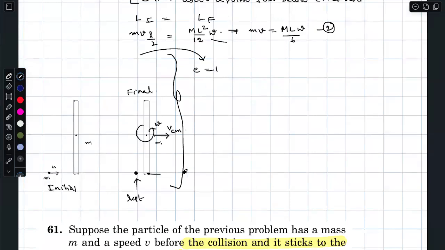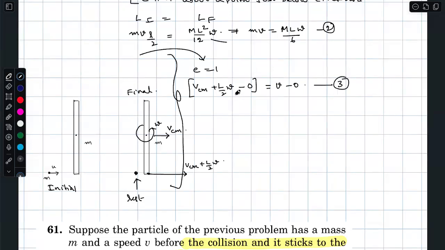Tell me please, what is the velocity of this one finally? VCM plus L by 2 omega. e equal to 1 means VCM plus L by 2 omega minus 0, because velocity of the second body after collision is 0. V2 minus V1 is equal to U1 minus U2. Coefficient of restitution 1 means. So therefore, that is v minus 0, equation 3.